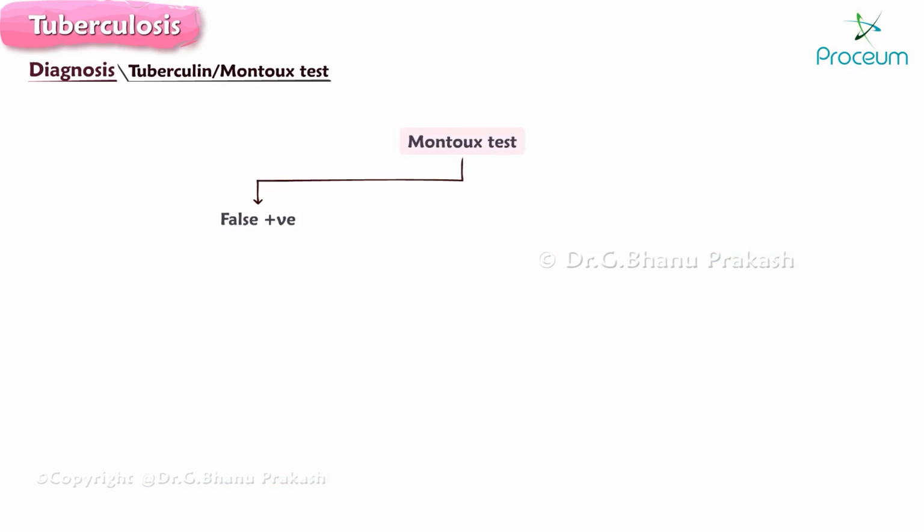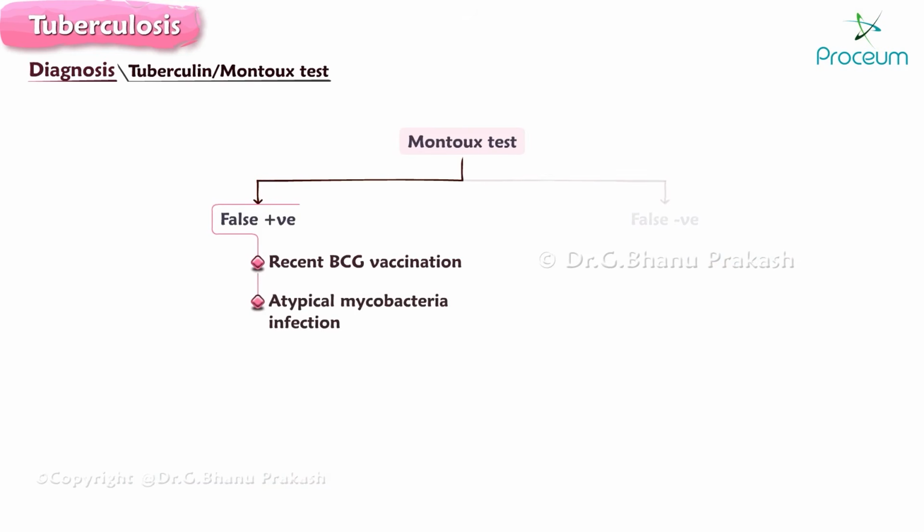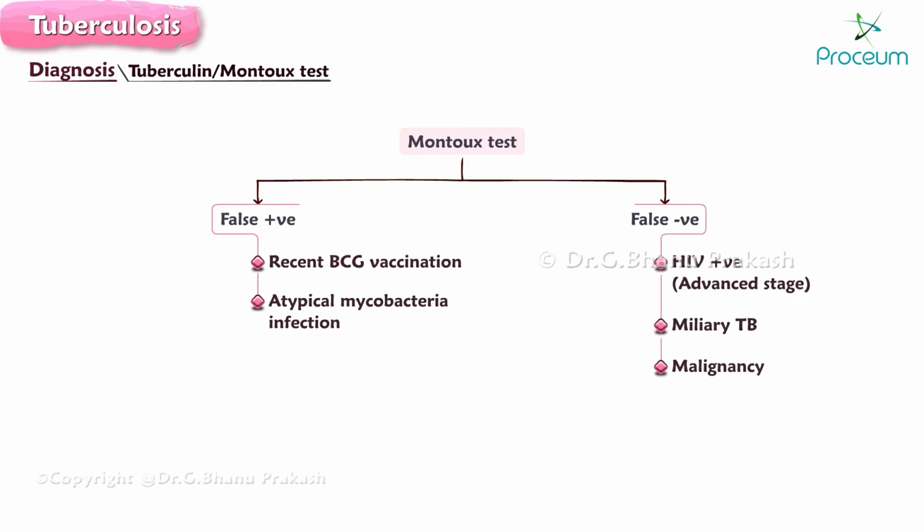The Mantoux test can be false positive in cases of recent BCG vaccination and atypical mycobacterial infection. It can be false negative in cases of HIV positive status, advanced stage or miliary tuberculosis, malignancy, and immunosuppression.